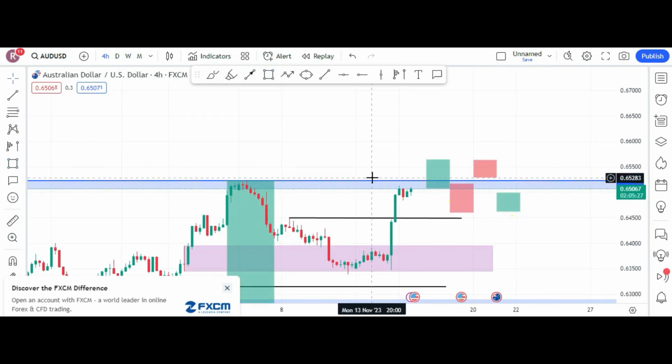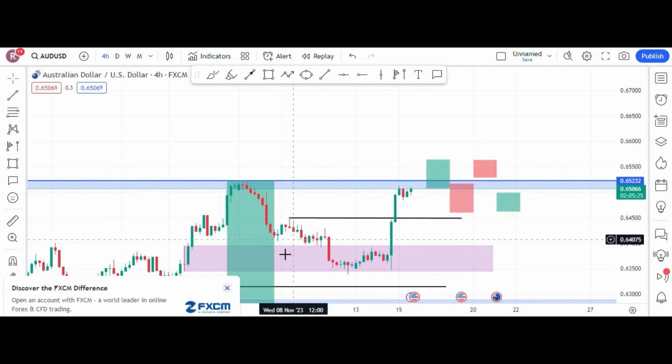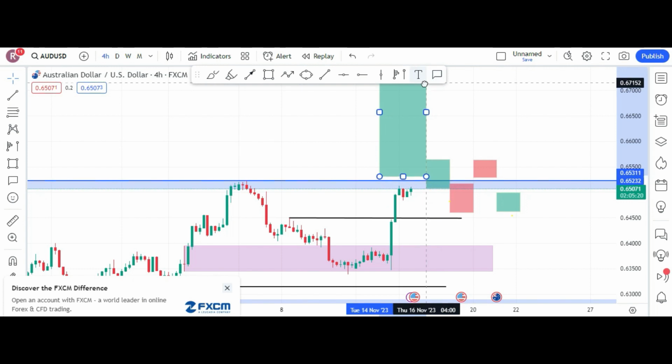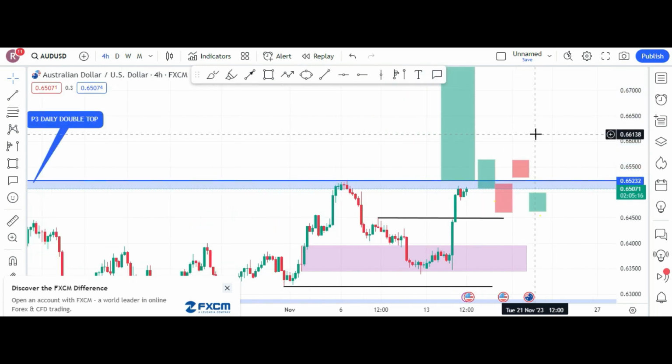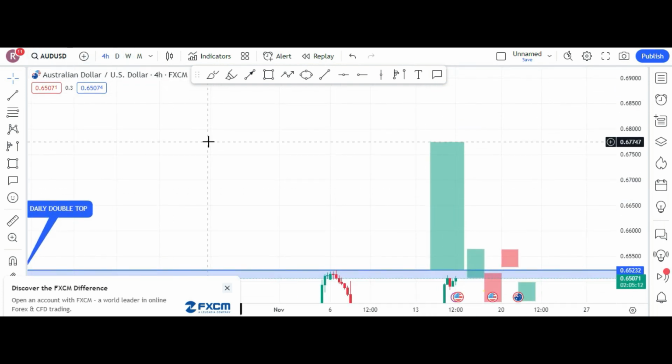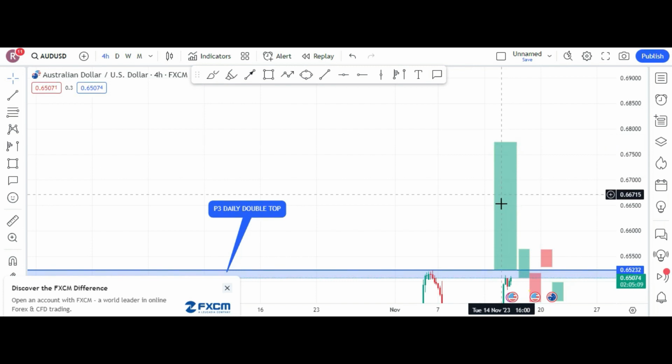If it breaks the channel, it will move up from here to here on the top side, and at least, I'm telling you again, at least it will move this 50%. Believe me, it will move up to this 50%.